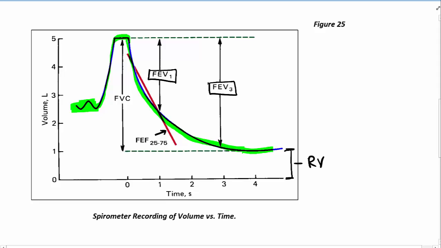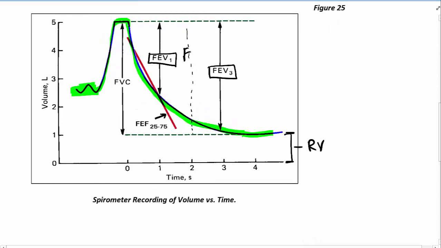And right here would be right in the middle, if you want to draw a line right there, that would be, you guessed it, FEV2. So we can divide this up, and what's important to note is the slope right here. This red line looks at FEF, the forced expiratory flow, between, we said, the middle half, because that's what FEF is, it's the middle half of an FVC.